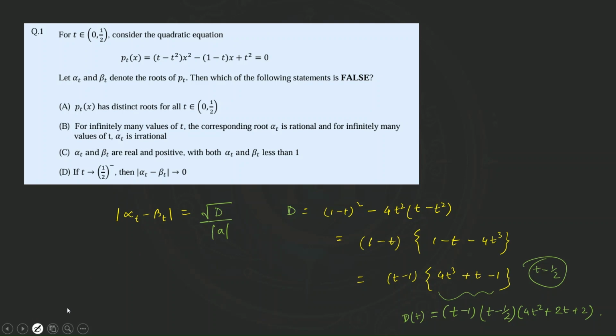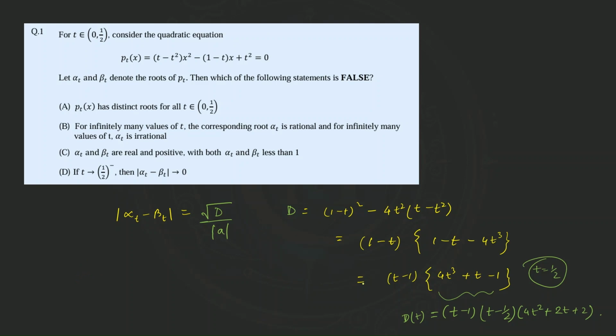Now let us check this D option. So it says if t tends to 1/2 from the left-hand side, then mod of α_t − β_t tends to 0. So mod of α_t − β_t will tend to 0 if D tends to 0. Okay. So D is the discriminant.